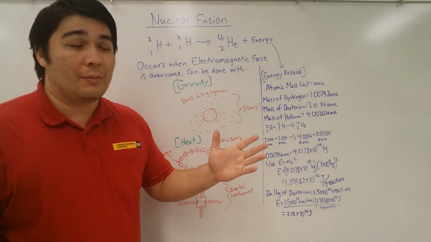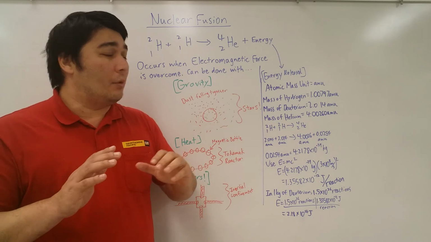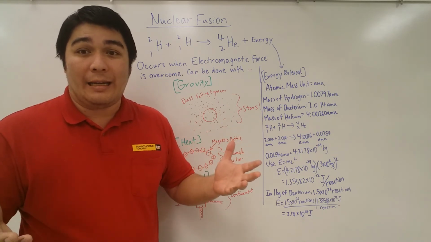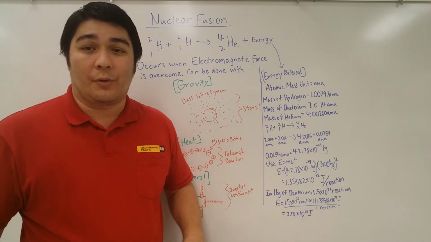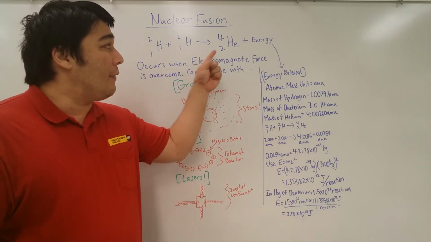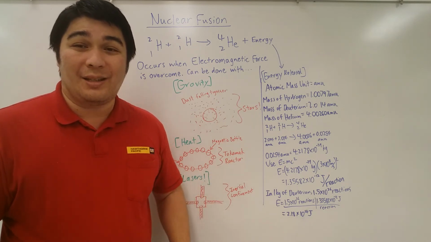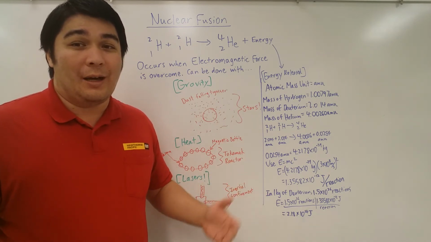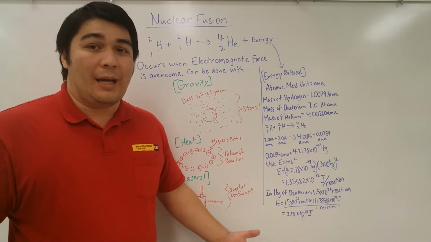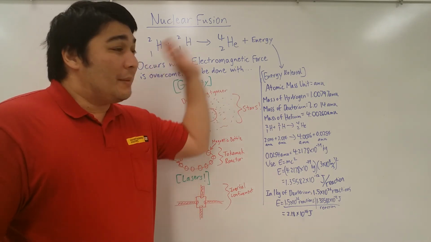There's nothing that's going to be polluting and radiating everything for the rest of our lives or anything like that. None of that's going to occur. All you'll have is just a bunch of helium at the end, which potentially you could sell to the helium balloon industry to help them out, because it's not like we have a whole lot of helium left on Earth anyway. So that's something to think about.